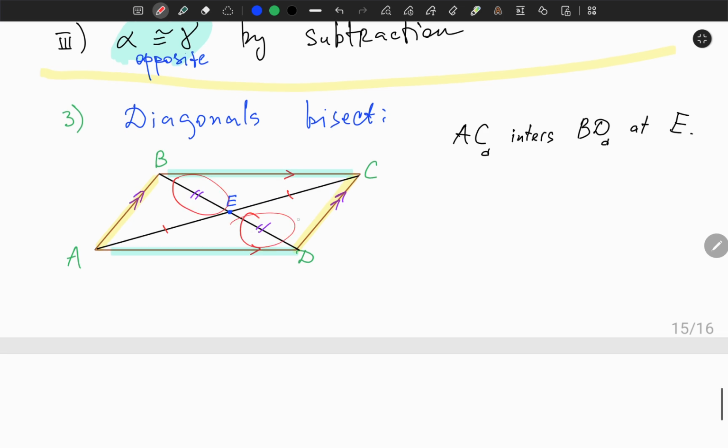The first part is congruent to the first part, so the diagonals are divided into two equal parts.